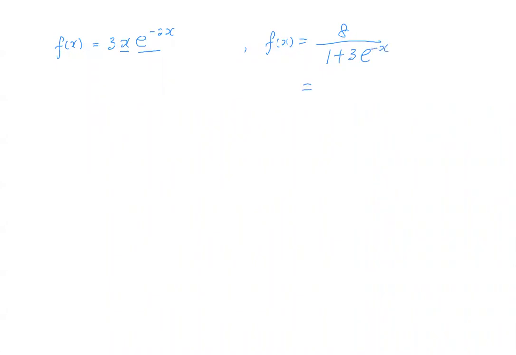This one you have to write in this form, just as a reminder. This one uses the chain rule. This one you need to use the product rule. Knowing the rule is not important, but knowing how to do it is more important.